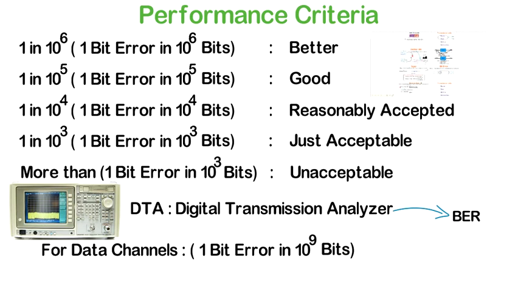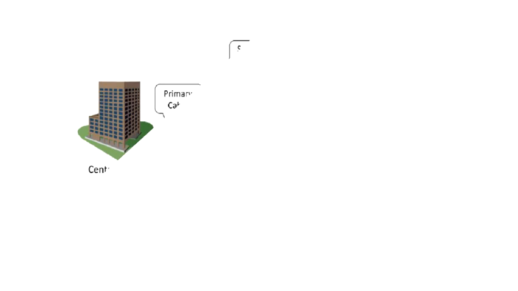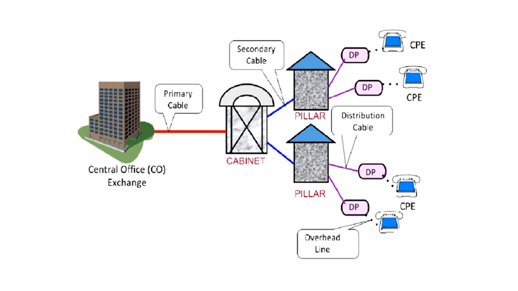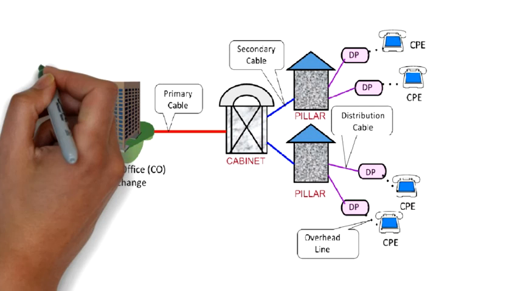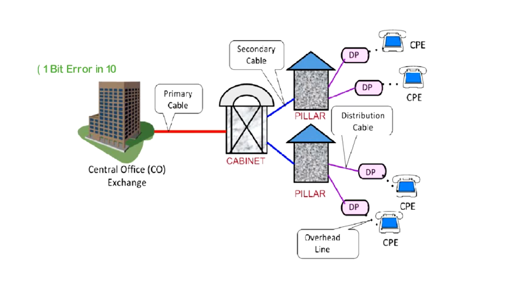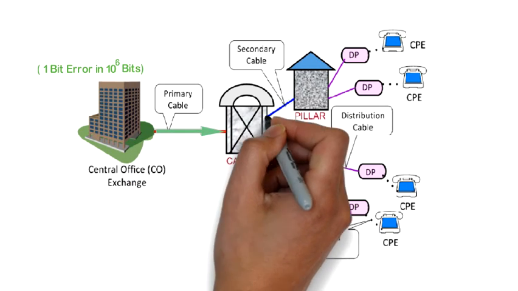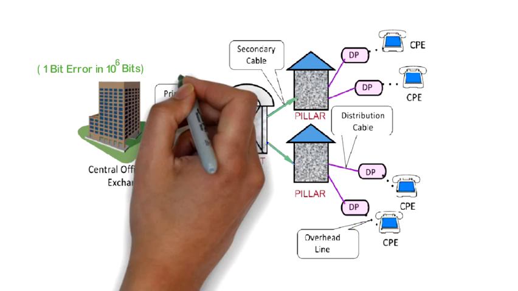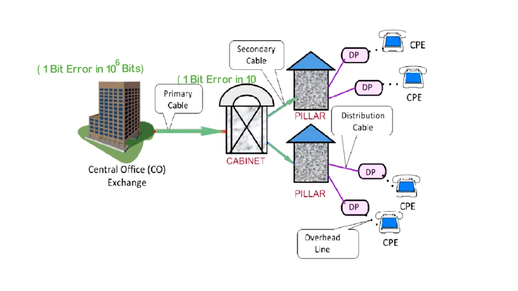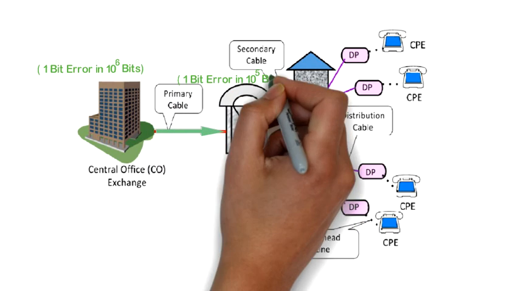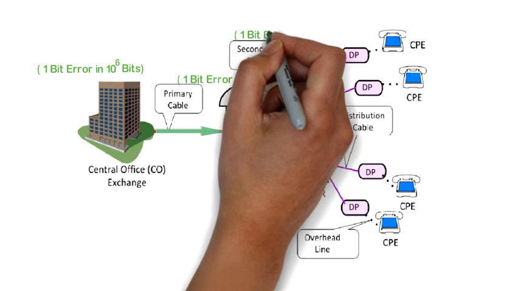Let's take one example of subscriber network. Let's say that the performance at CO, that is central office, is 1 in 10 to the power 6. Now, if information or signal moves with this performance towards cabinets and pillars, performance may reduce to 1 in 10 to the power 5 due to different types of losses.